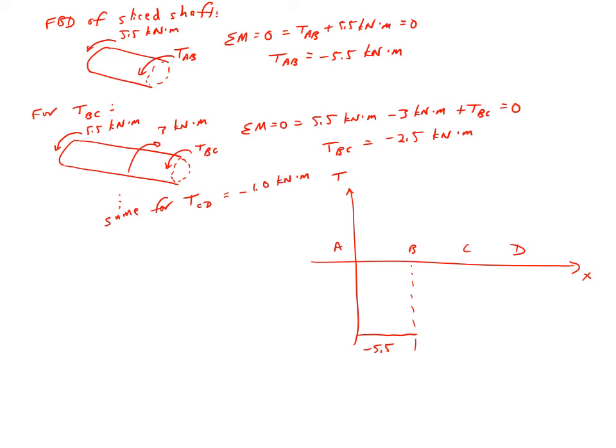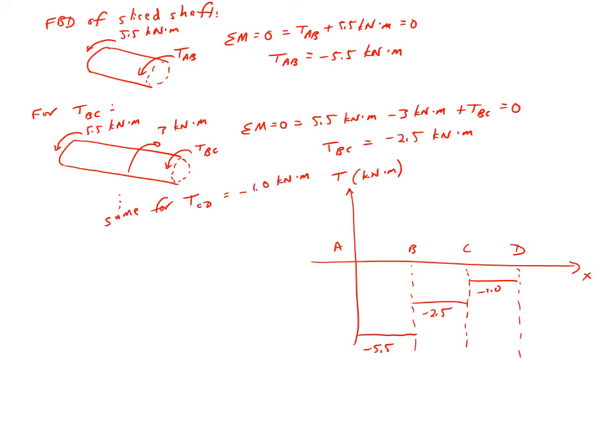Let me put units on here of kilonewton meters. All right, and in between B and C, I've got a torque of negative 2.5, and in between C and D, like this, I've got negative 1.0.